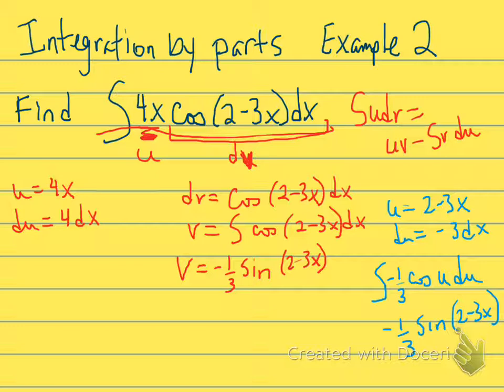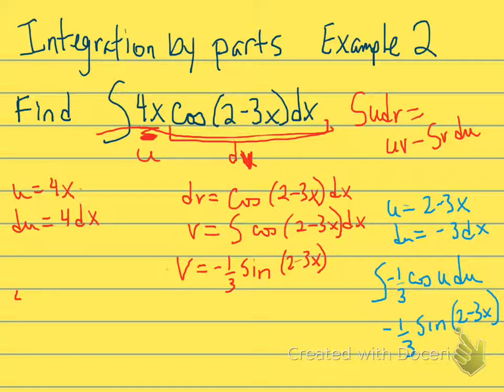So now we have the integration of u dv, which is our original problem, will equal u times v. So now I have my u, it's right here. Now I have my v, and then the integration of v times du. So we'll write that out.